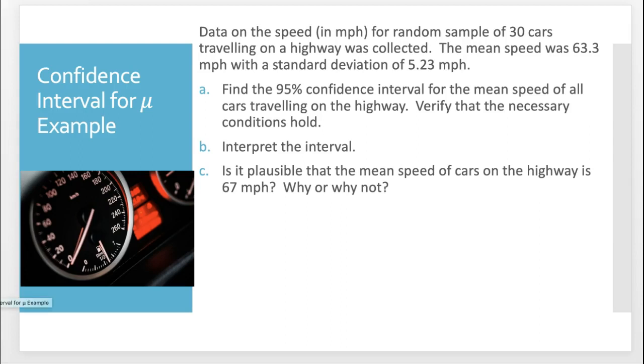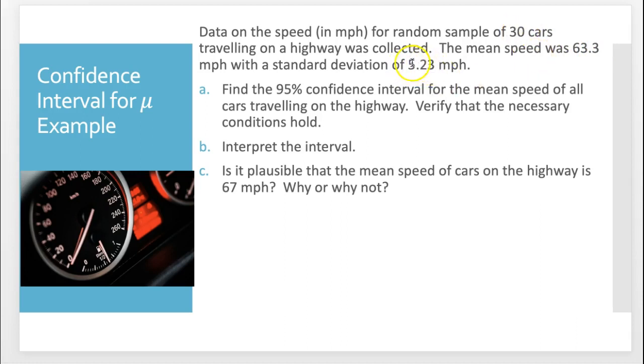So here it says data on the speed in miles per hour for a random sample of 30 cars traveling on a highway was collected. The mean speed was 63.3 miles per hour and the standard deviation was 5.3 miles per hour. One thing to note right away is that this mean is the sample mean of the 30 cars.